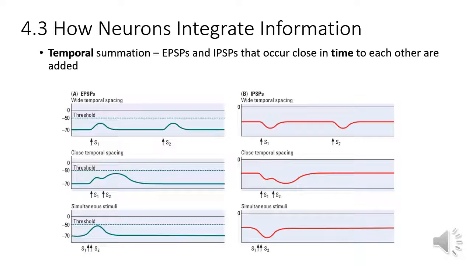In temporal summation, you can see in terms of this EPSP, if they're widely spaced apart, they're not going to be added together. But if they're close in time, they're going to be added together to come a little bit closer to this -50 millivolt threshold, which, if you remember, is the threshold at which an action potential is triggered.